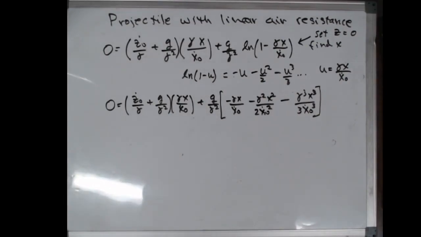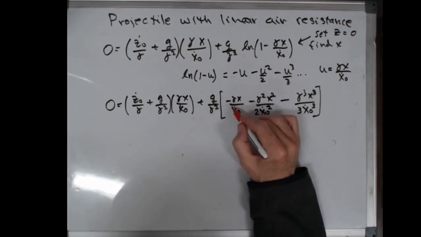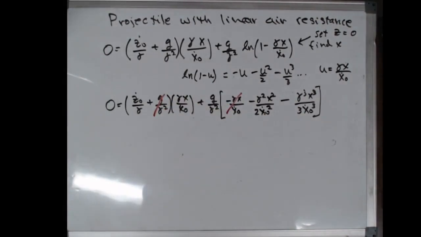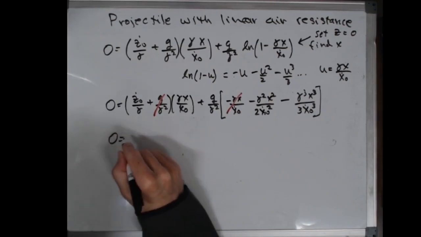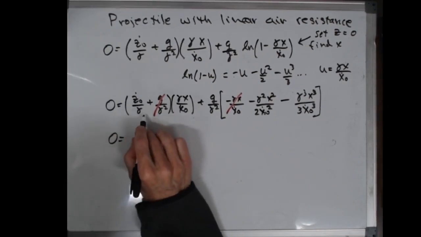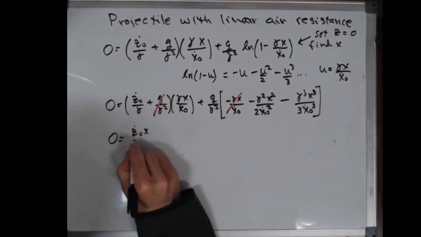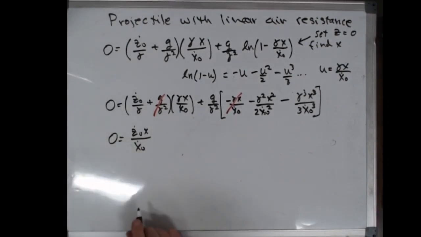And right away, just like before, we noticed that this term here, when combined with this one, is going to cancel with this term. And so those two right off the bat will go away. And so I'm going to write the terms we get after that. We get 0 is equal to, so in this term, the gammas are going to cancel, and I get z naught dot x over x naught dot.